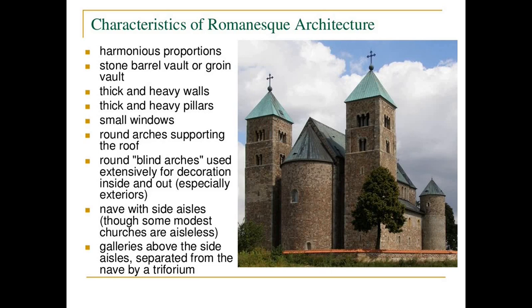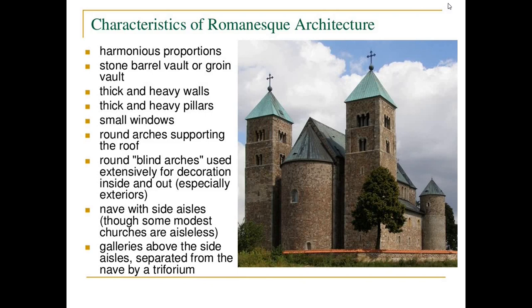Then we can see a great number of round arches supporting the roof. Then round so-called blind arches are used extensively for decoration inside and out, especially on exteriors. Nave with side aisles, though some church models are aisleless altogether. Then galleries above the side aisles separated from the nave by a triforium.